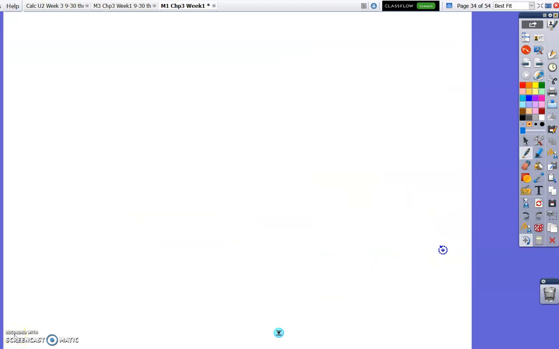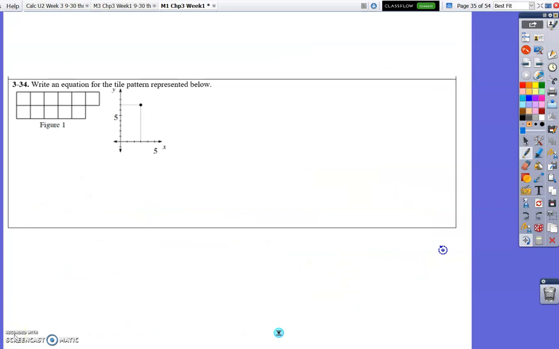So moving on to the next question. This one's a little weird because you've got figure 1, which has 2, 4, 6, 8, 10, 11 squares, 11 tiles. And then this picture, and I was really confused by this, but we've got 3, 7 is my picture. So now I have 2 points, 1, 11 and 3, 7, so I can find an equation.